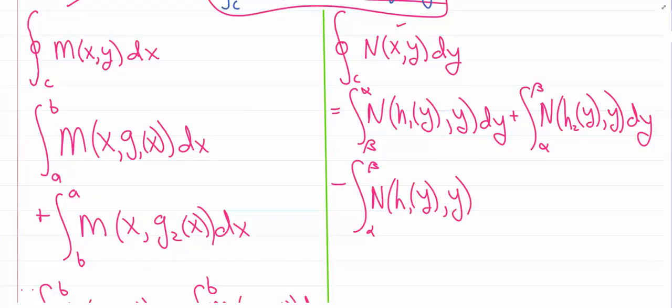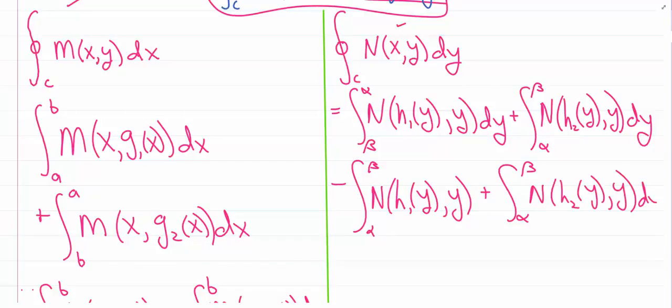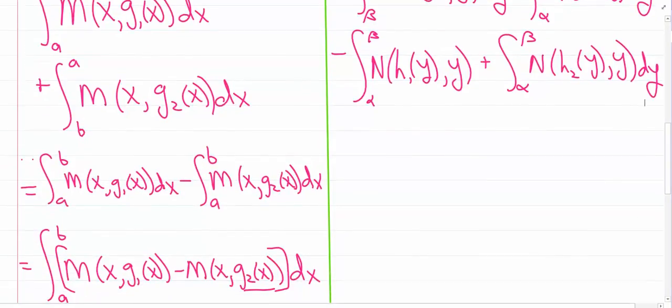And now that these are the same, let me put this: alpha to beta in H2 of y dy. So I changed it from beta to alpha to beta. Now, if I put this together, there's nothing to stop me from putting this together.